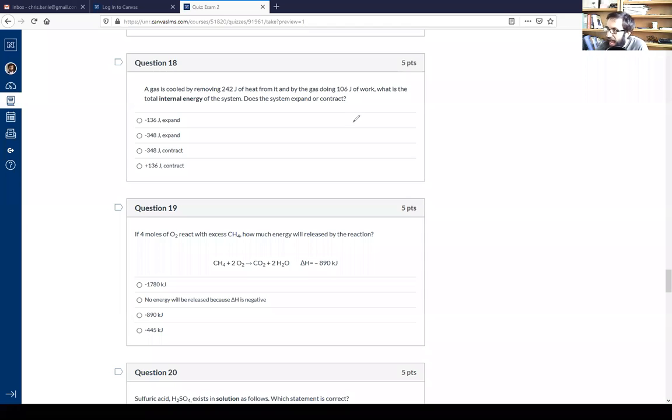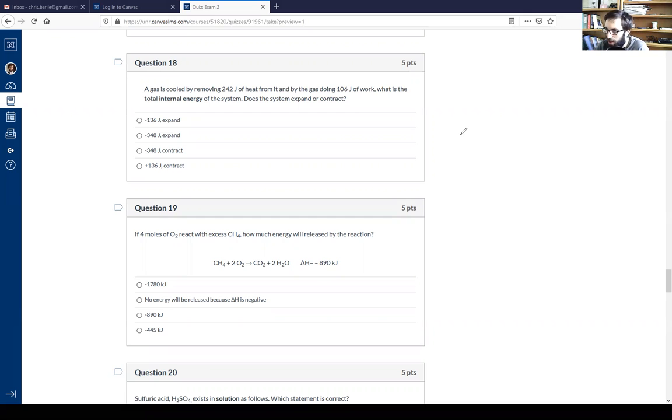This question says, a gas is cooled by removing 242 joules of heat from it, and by the gas doing 106 joules of work. What is the total internal energy of the system?